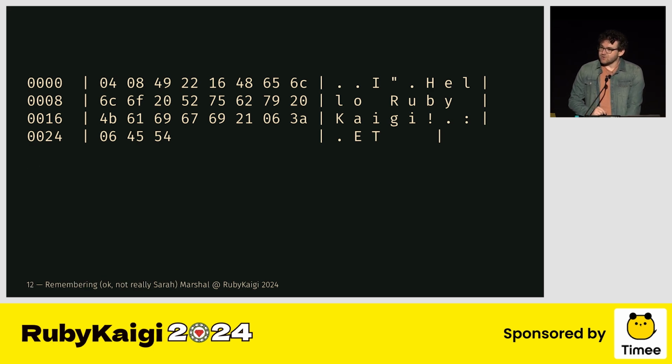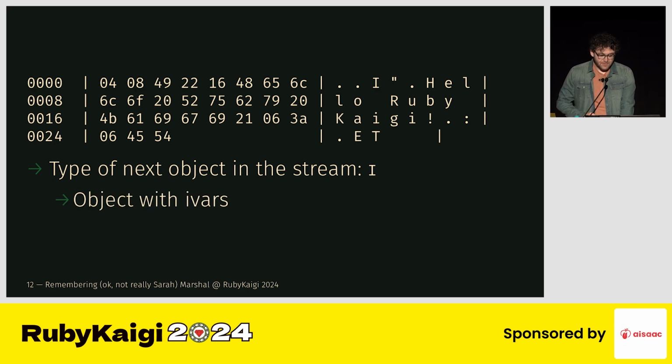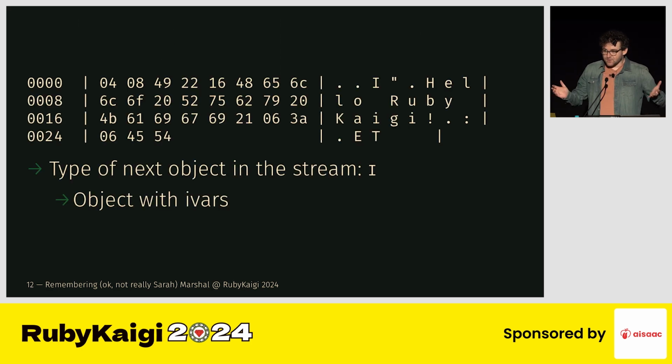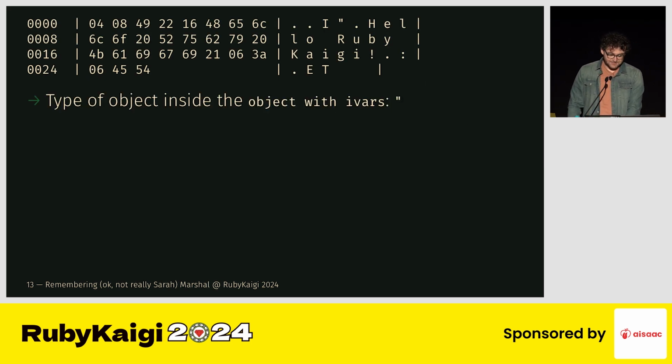Moving on, we can now look at objects. So there's an I. Byte number 3 is an I. That gives us the type of our next object. So I, what does that mean? It means we have an object with instance variables in it. Okay, next byte.